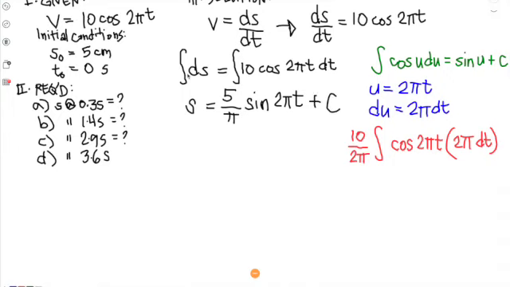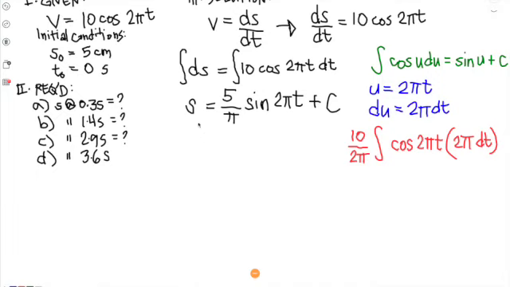Remember here, when we took the antiderivative of ds, we also have an arbitrary constant here. We just combine it with the arbitrary constant here, and we call it just c, the arbitrary constant. Again, we are given initial conditions, so we are looking for the particular solution here.